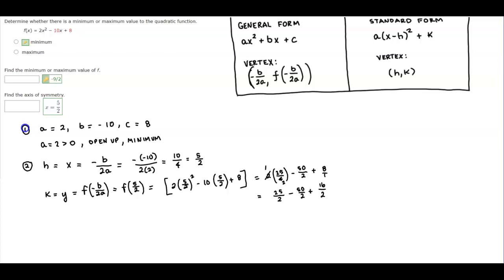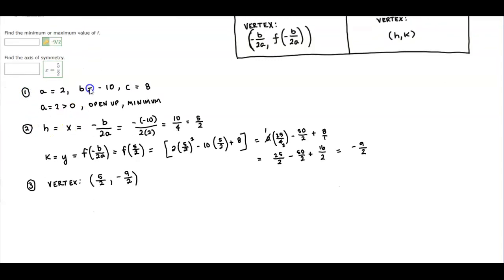So if we take 25 minus 50 plus 16, then we get negative 9 over 2. So therefore, that tells us that our vertex is 5 over 2, negative 9 over 2.